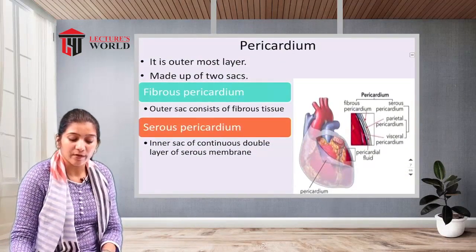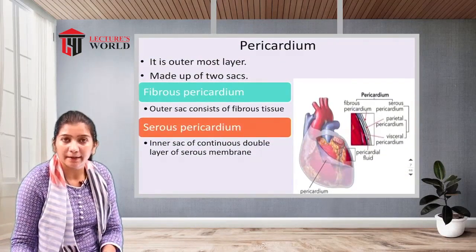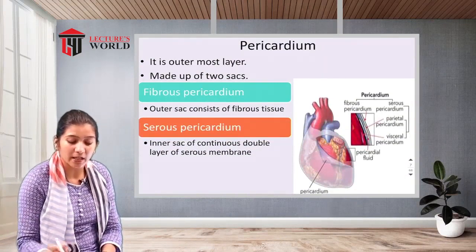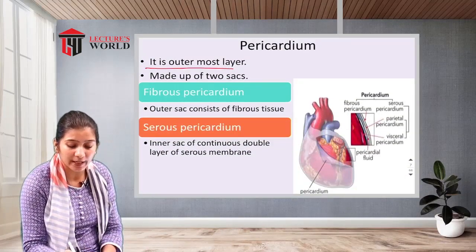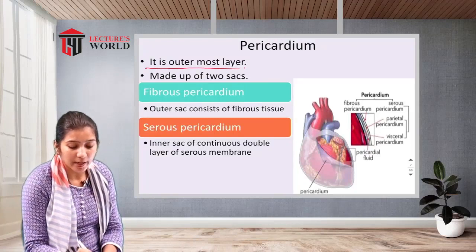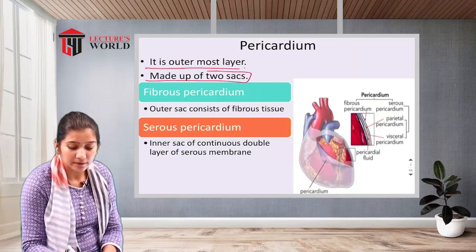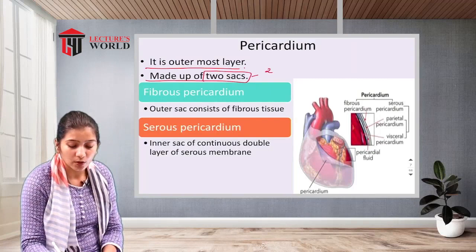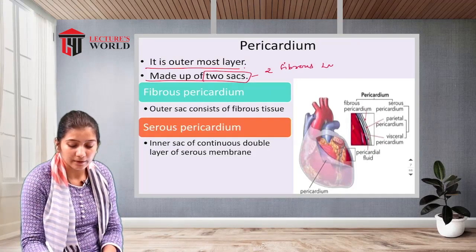In that, first we will discuss the pericardium. What is the pericardium? Pericardium is the outermost layer. It is made up of two sacs, two fibrous layers.